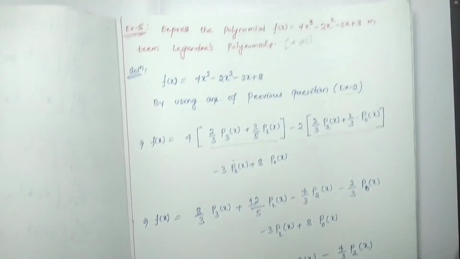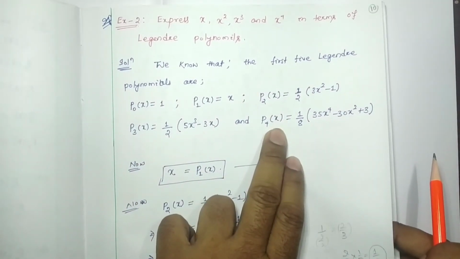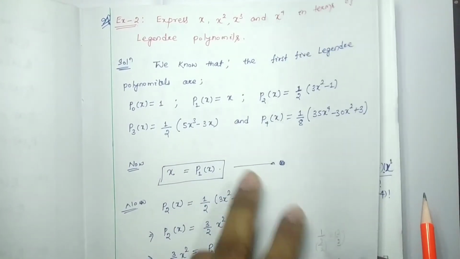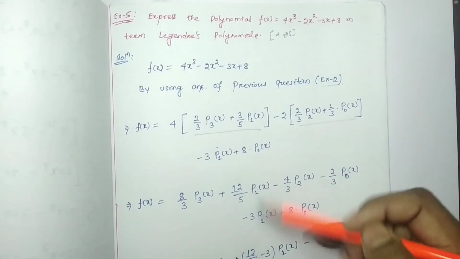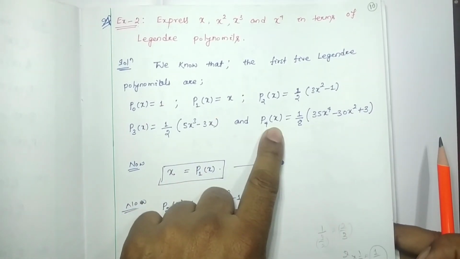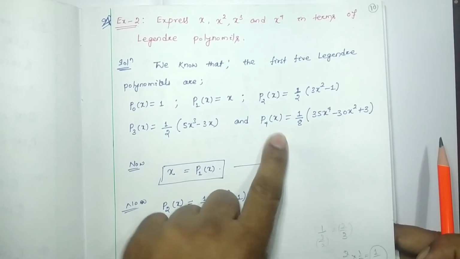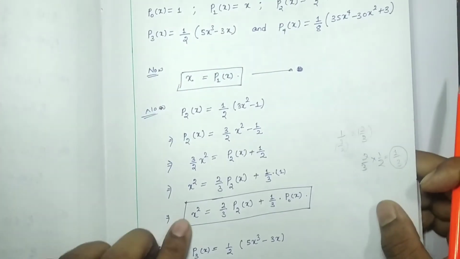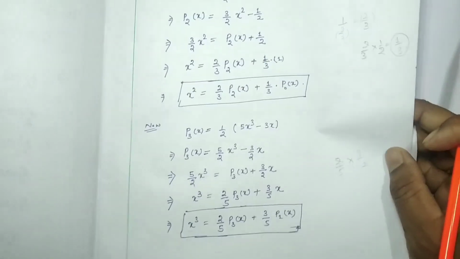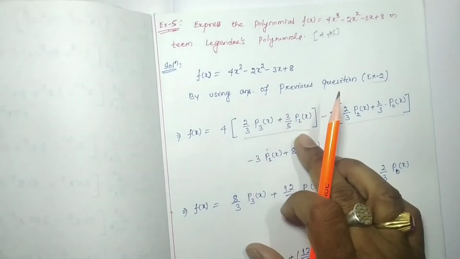So it is better that if you remember up to fourth order Legendre polynomial, then you can easily do this question. Suppose you remember up to fourth order polynomial, easily you can find x square, x cube in terms of Legendre polynomials, then you can substitute over here.